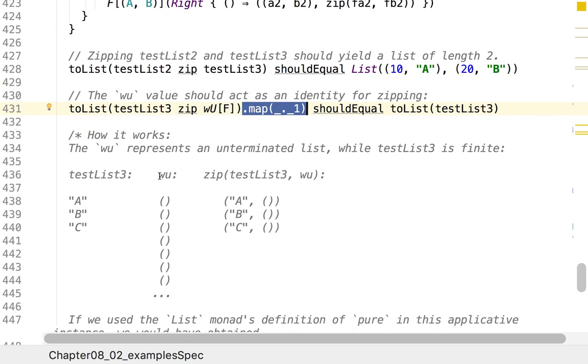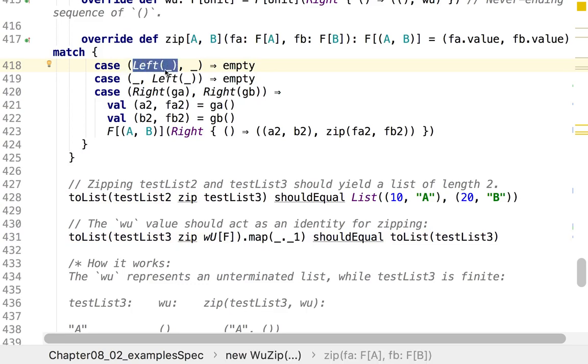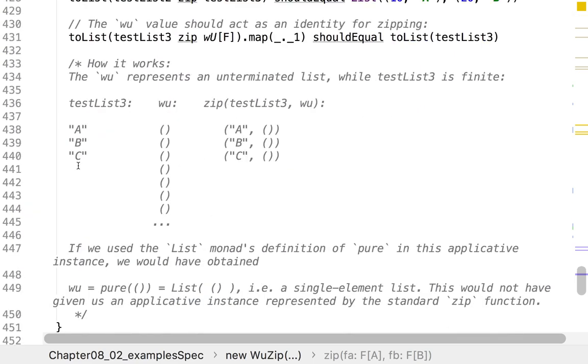Well, since the wrapped unit logically represents a never-ending list or unterminated sequence, and this list is finite, the zip function will cut the longer sequence, because that's the code. If one of them is on the left, which is an empty list, then the result is an empty list. So whenever we get an empty list, we cut. And so that's going to be the result.